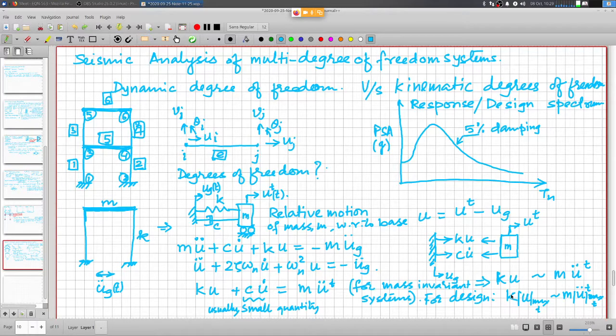So this absolute maximum is also equal to m times the absolute maximum of this total acceleration. Now what is this? Do you recognize this quantity?